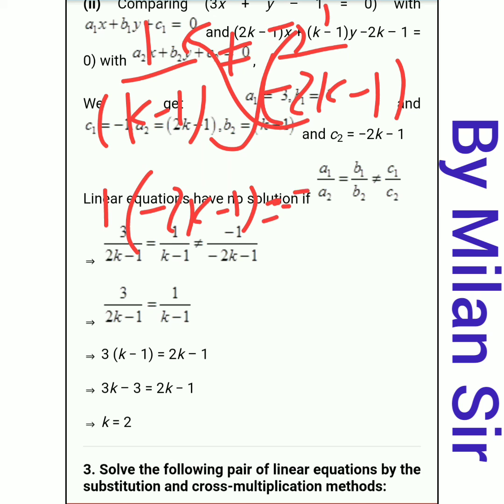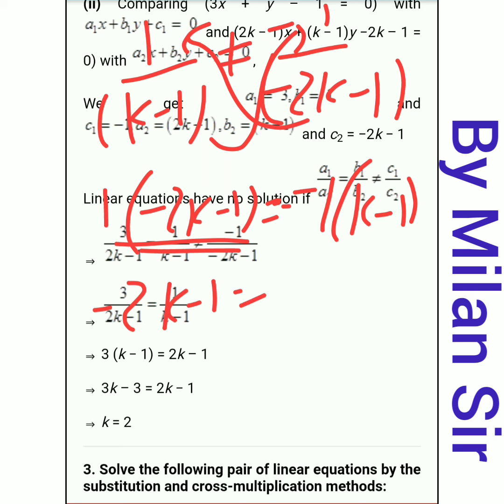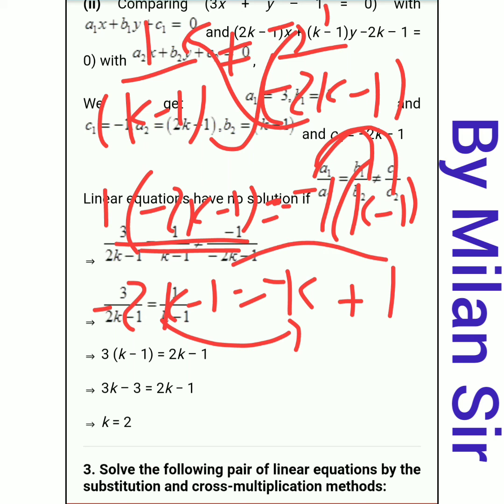So first of all minus 1 into k minus 1. Now here minus 2k minus 1 as it is, because multiplication with 1 it is same. Okay, here minus 1 into k, minus into minus, k ones are k, minus k, then minus minus plus, 1 into 1, 1. Okay. Now transfer this minus 2k to the right hand side and plus 1 to the left hand side.